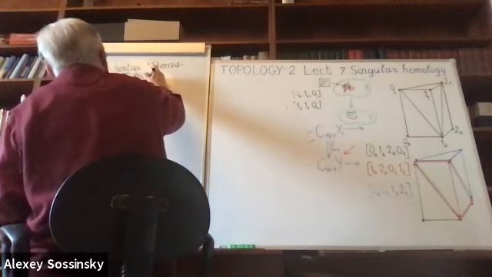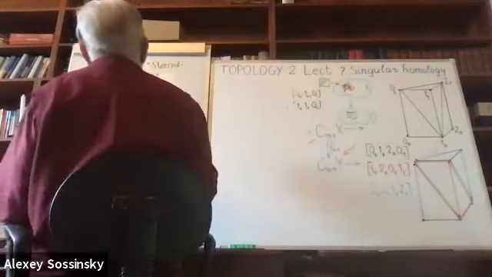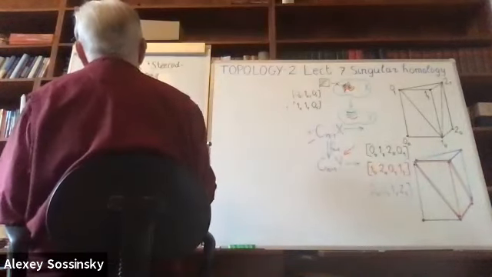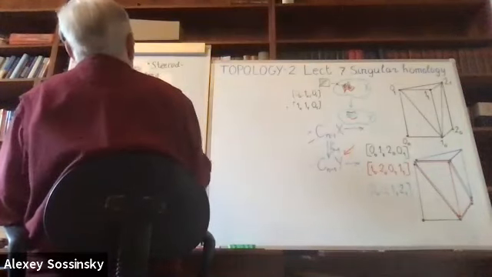Both Steenrod and Eilenberg are American mathematicians who worked in Princeton in the golden era of Princeton mathematics.